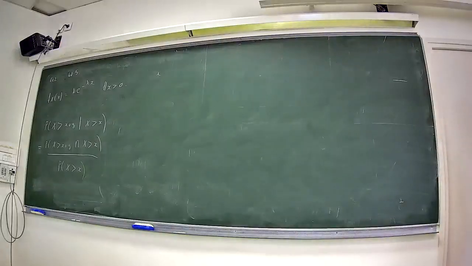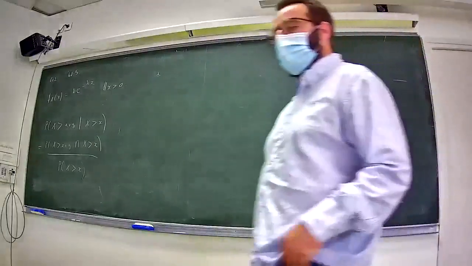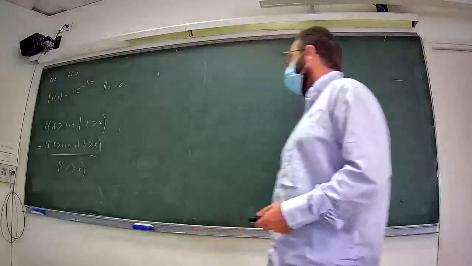Definition of conditional probability: probability of the intersection over the probability of B.